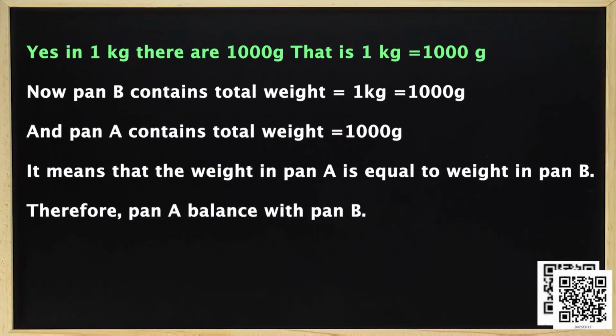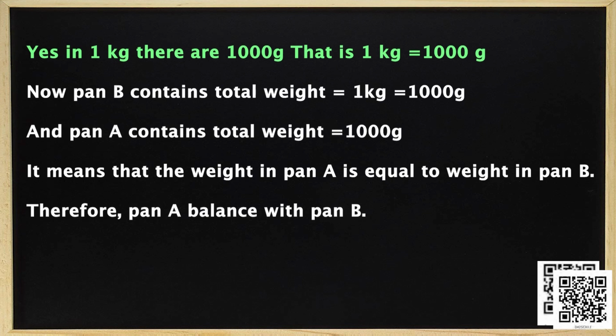So, dear students, first of all we have to convert the weights either to gram or to kilogram, so that we can compare them with each other. Now, you tell me how many grams are there in 1 kilogram? Yes, in 1 kilogram there are 1000 grams. It means 1 kilogram is equal to 1000 gram.